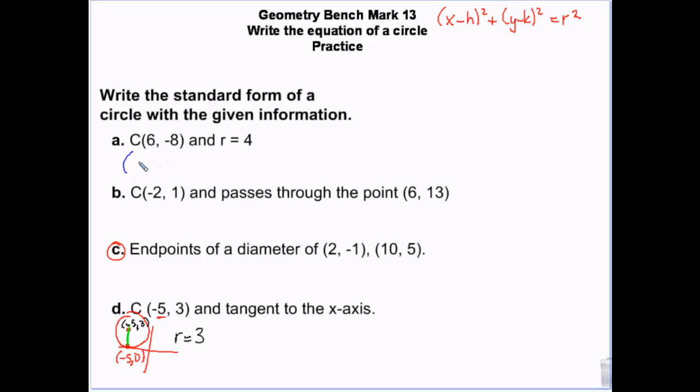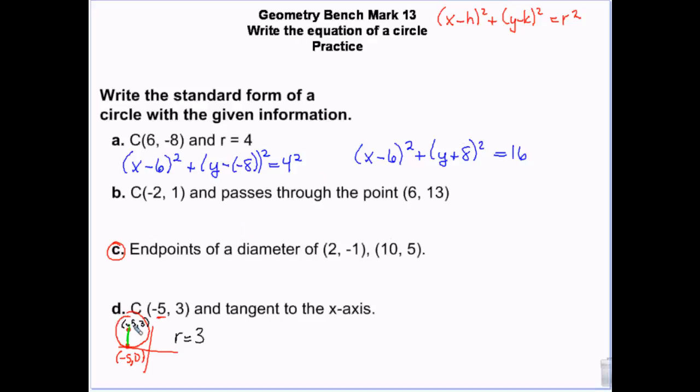I have my center, x minus 6, y minus negative 8 is equal to 4 squared. And that will simplify to x minus 6 squared plus y plus 8 squared equals 16. Okay, so A is the easiest one.